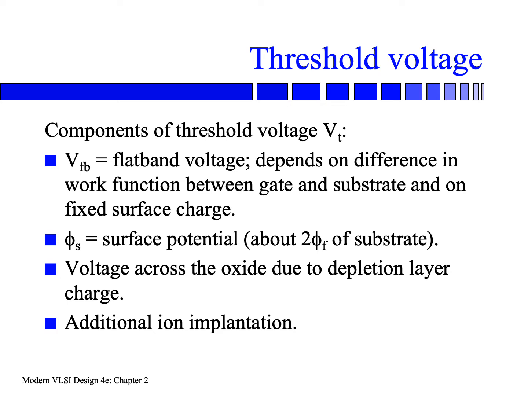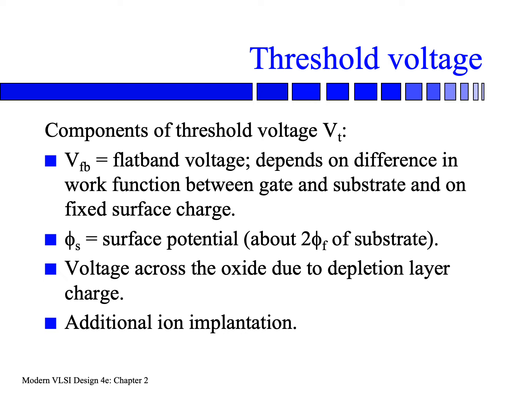Because the gate and the substrate are made of different materials, when they are put together, there is a so-called flat band voltage that you need to overcome for the electrons to pass through the channel. This flat band voltage depends on the difference in work function between the gate and the substrate. It also depends on the fixed surface charge. There's a formula for that.